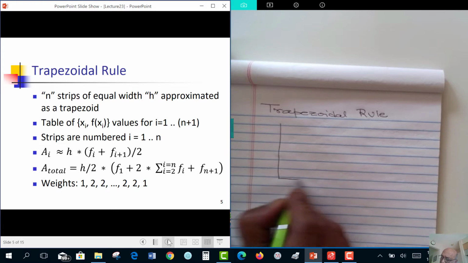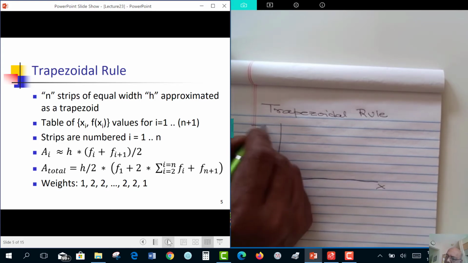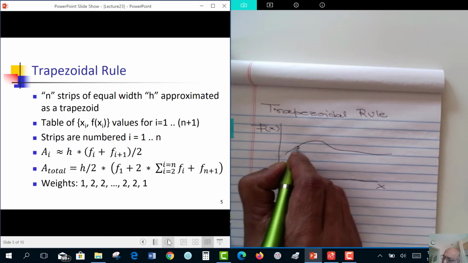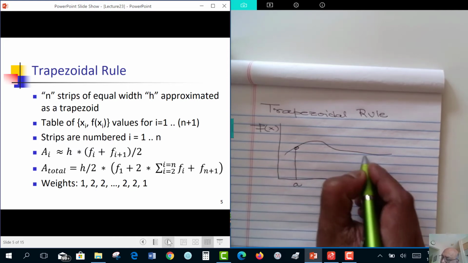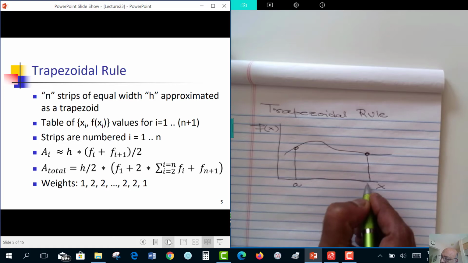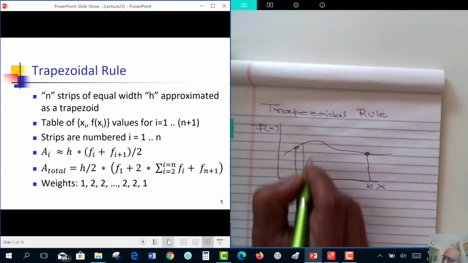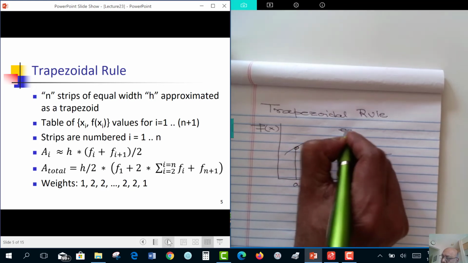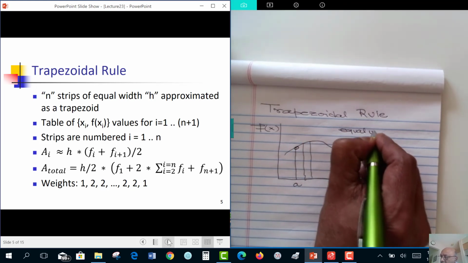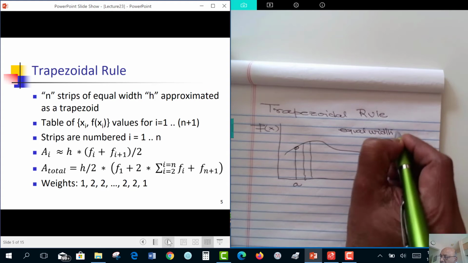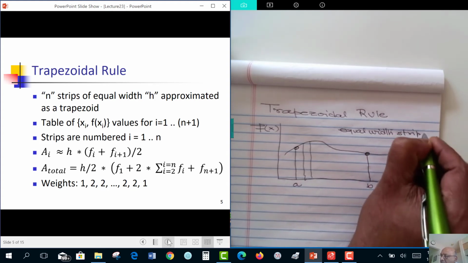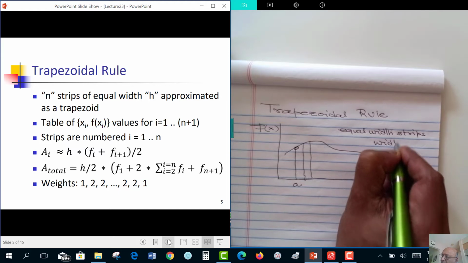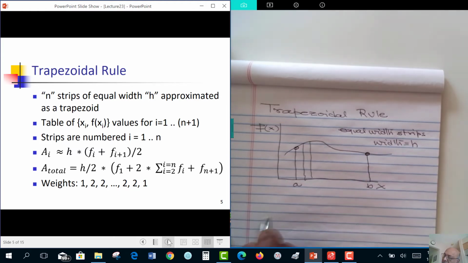So again, let's look graphically. X, f of x, here is our function. We want to integrate between a and b. So what we do is we divide this whole interval into equal width strips, and their width is equal to h.